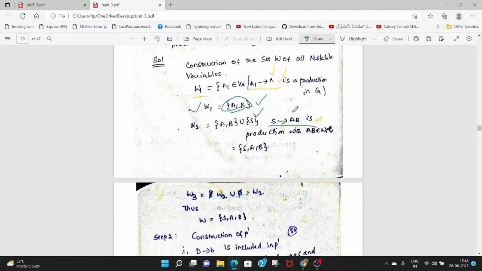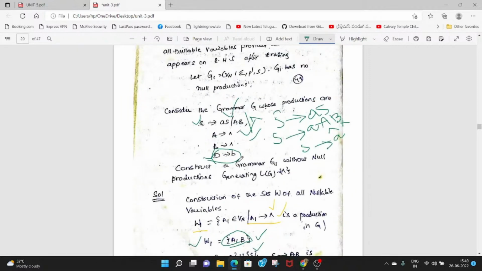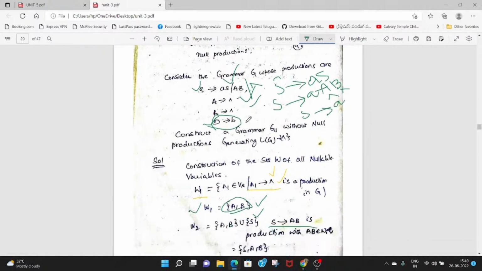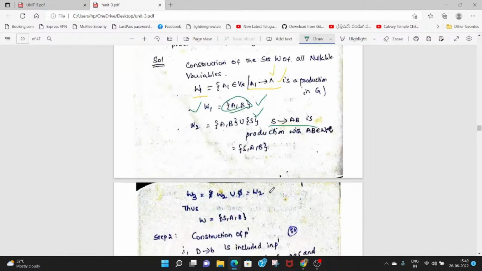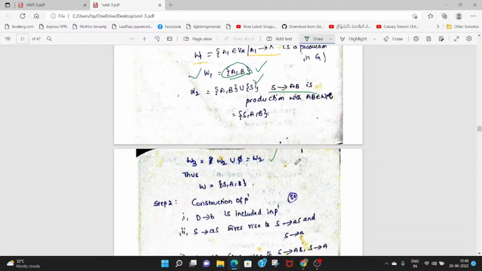Now I verify on the right hand side whether any other variable derives simply S or a combination of AB. No, I don't have any other variables that derive either AB or S on the right hand side. Because of that reason, W3 becomes W2.